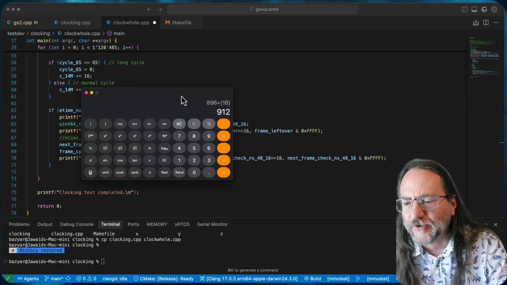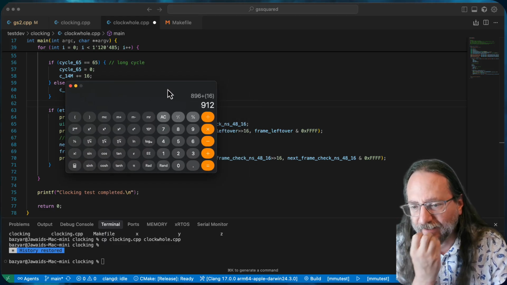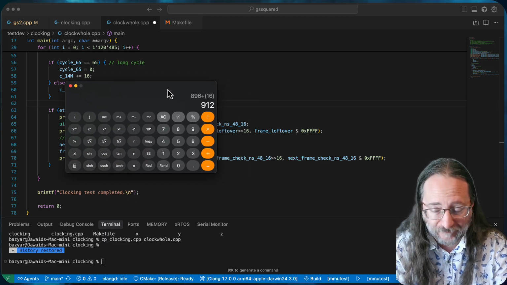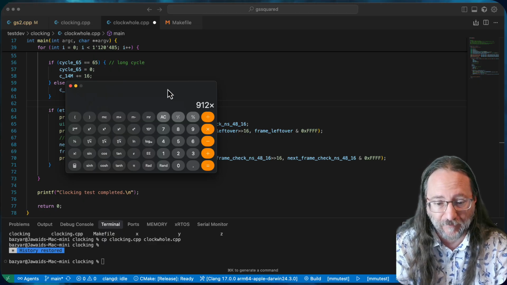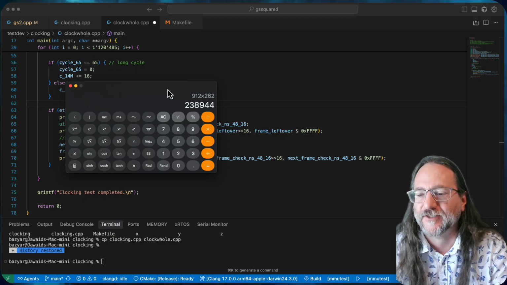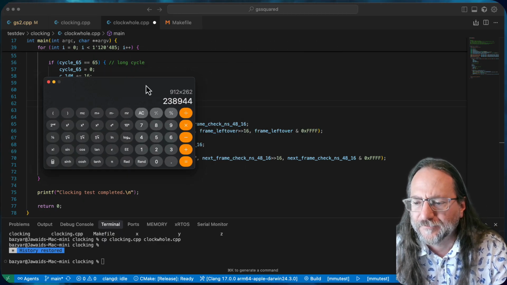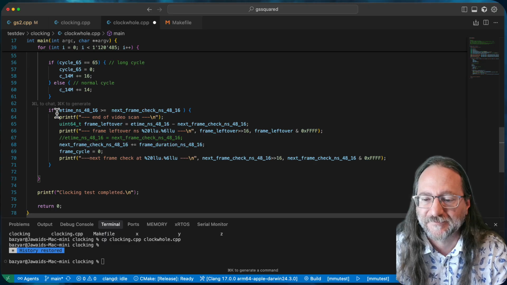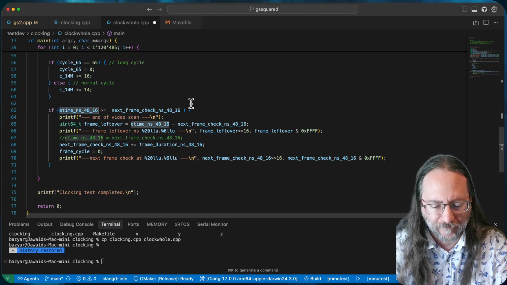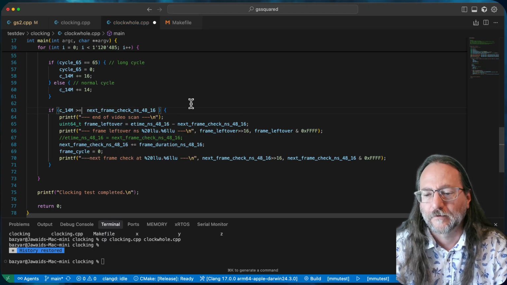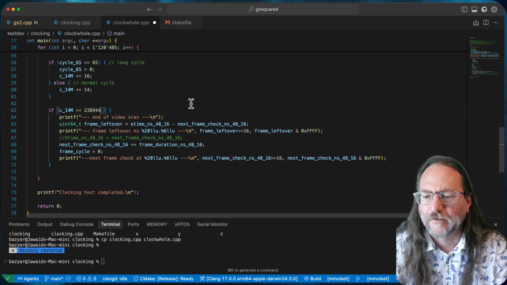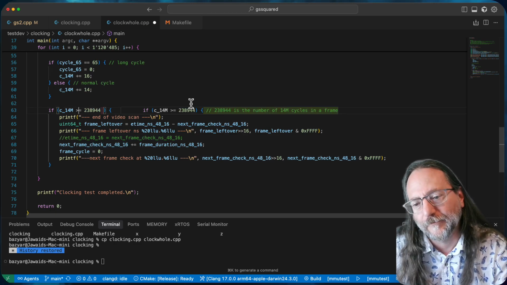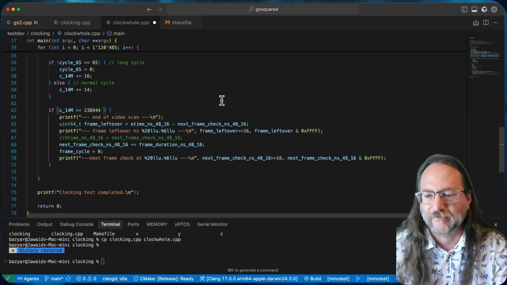Okay, so each scan line is 912 14Ms, and then I'm going to multiply that by 262 to get one frame. So that's this number. Let's copy that.